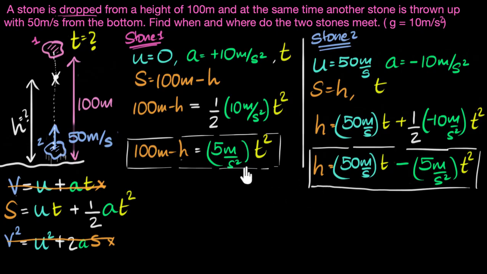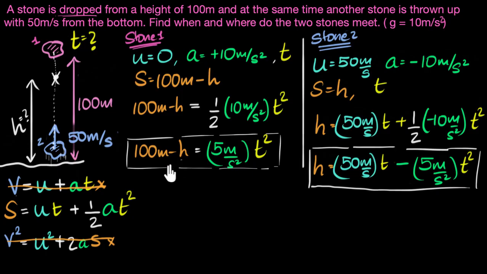For example, maybe from this equation, we can calculate what t is and substitute in this equation. Or maybe we can calculate what h is from one equation and substitute in another. So you know what, since I already know what h is over here, let me substitute this value in this equation and see what we end up with.